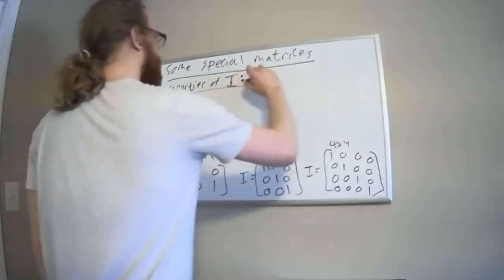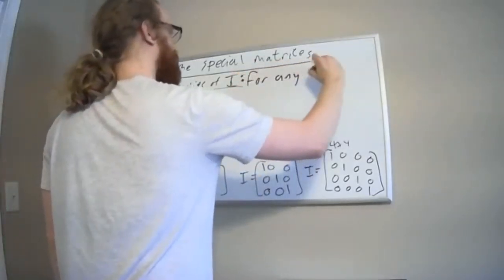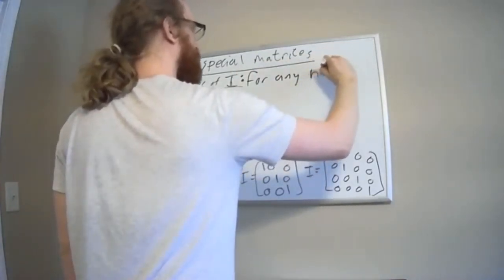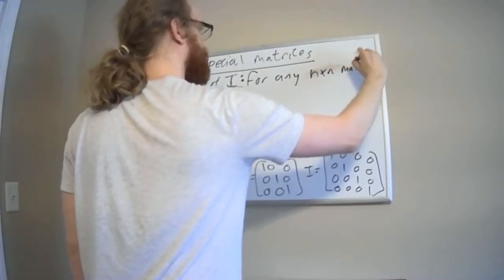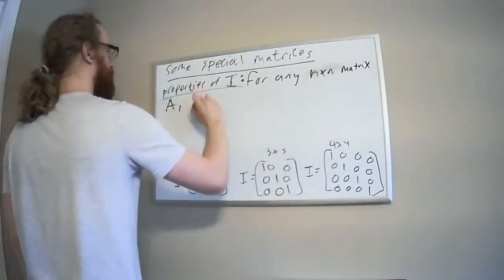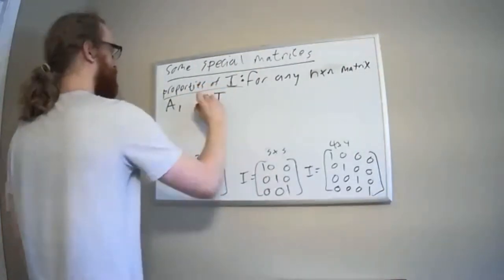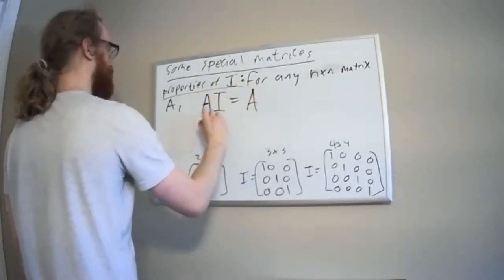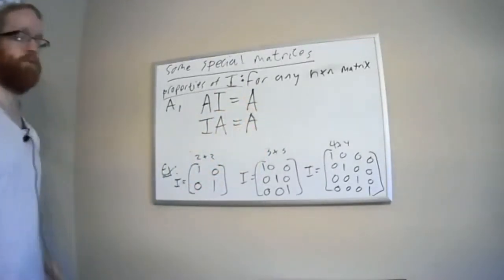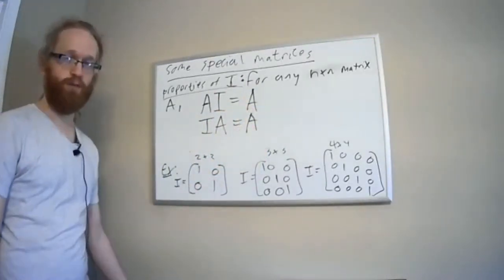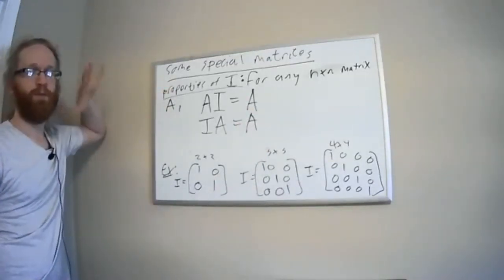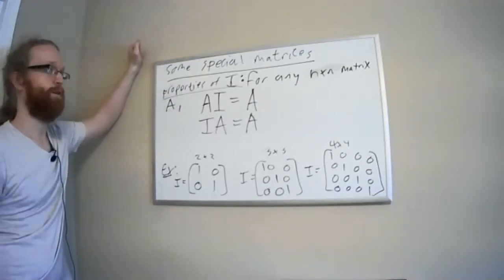So in particular, I'll write it this way. For any n by n matrix A, we get the following. A times I equals A, and I times A equals A. So multiplying by I doesn't change anything, so long as that multiplication makes sense, right?